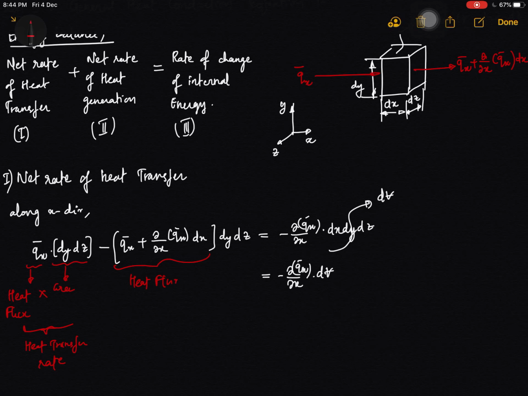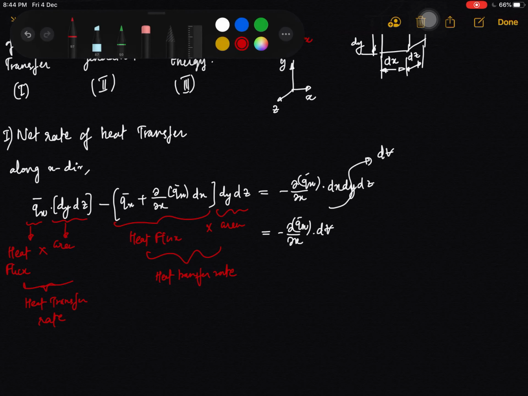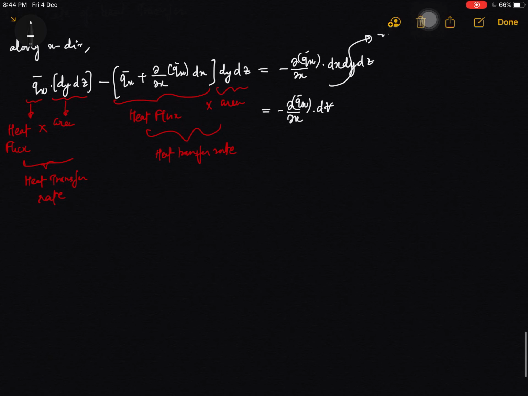Similarly, this will be the heat flux and this will be the area, and together we get the heat transfer rate. Okay, so this is the case along the x direction. Let's discuss similarly the case along the y direction.